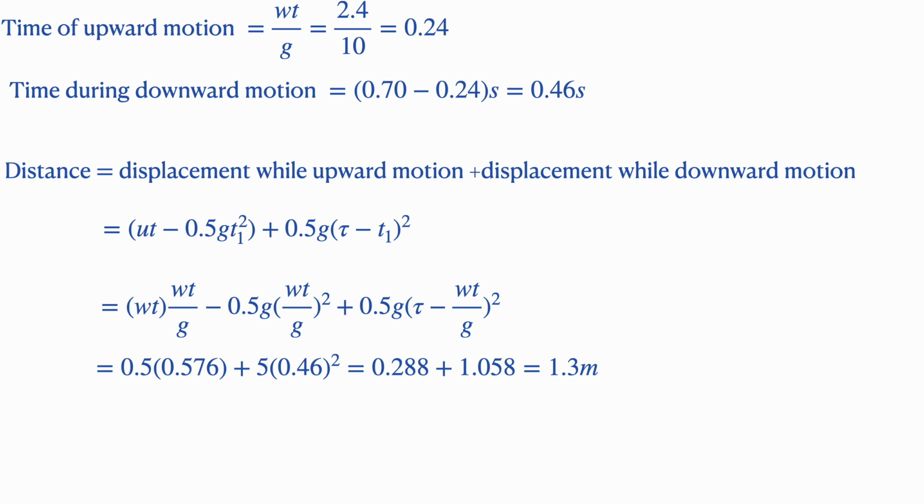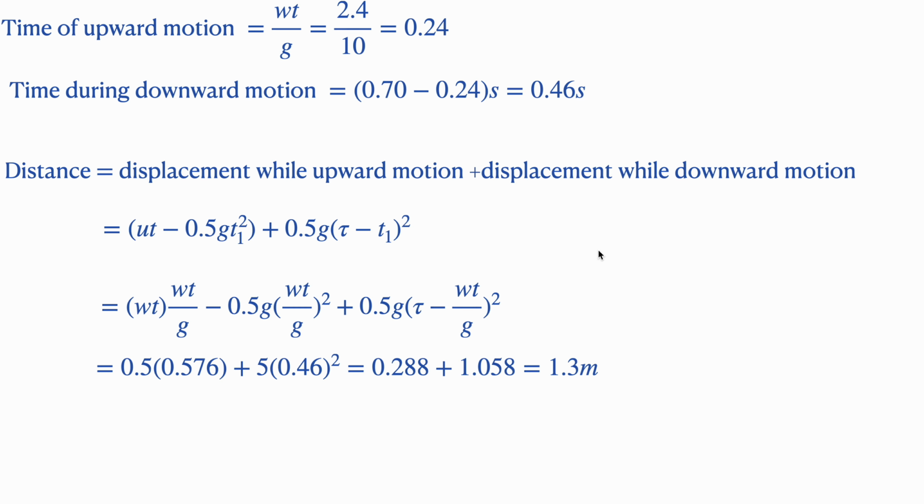Time of upward motion will be equal to w t divided by g, which equals 2.4 divided by 10 equals 0.24 second. And time during downward motion will be 0.70 minus 0.24 second equals 0.46 seconds.